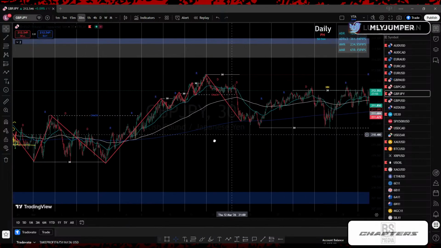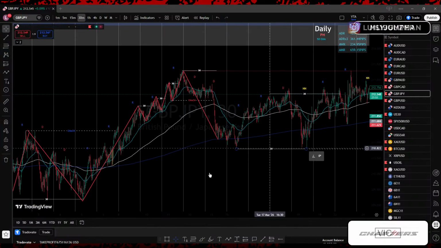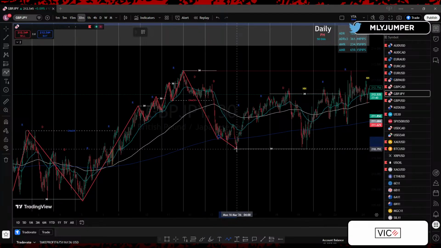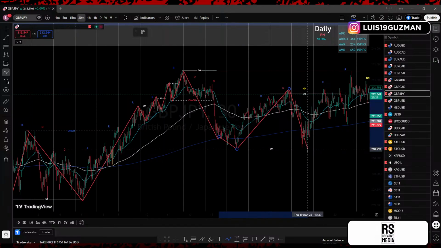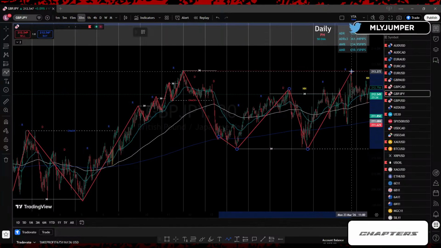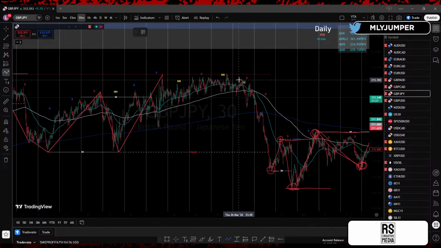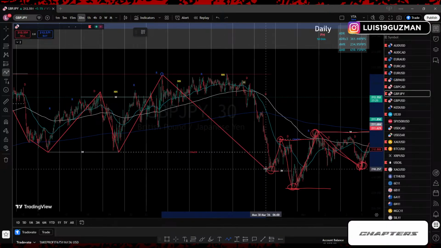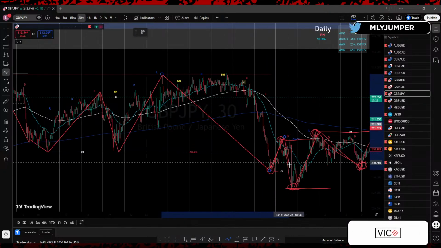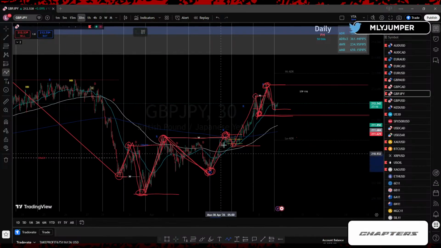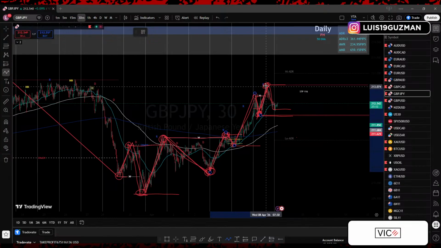Then it gave you lower low, lower high, lower low. Then it gave you the higher highs. And from here, price was just moving sideways up until here. It gave you lower low, lower high, lower low, higher high, higher low to where we're at now. Higher high, higher low, higher high, higher low, higher high.